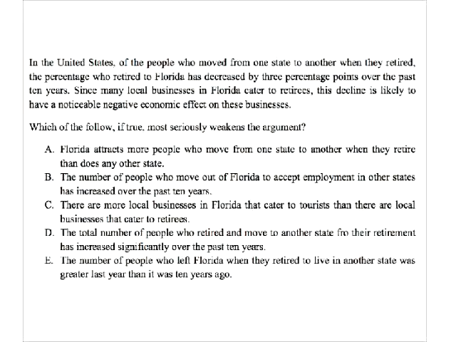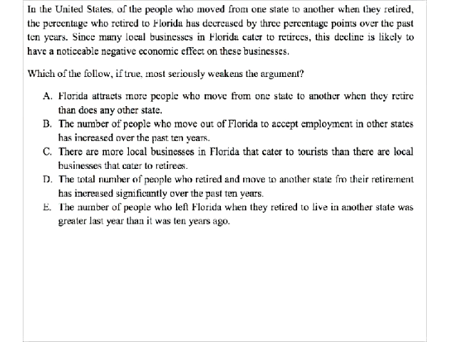But if you have to, you can slap some numbers on these things to try to build some understanding. So the idea here is that the percent moving to Florida has gone down, but we don't have any information about the original number.